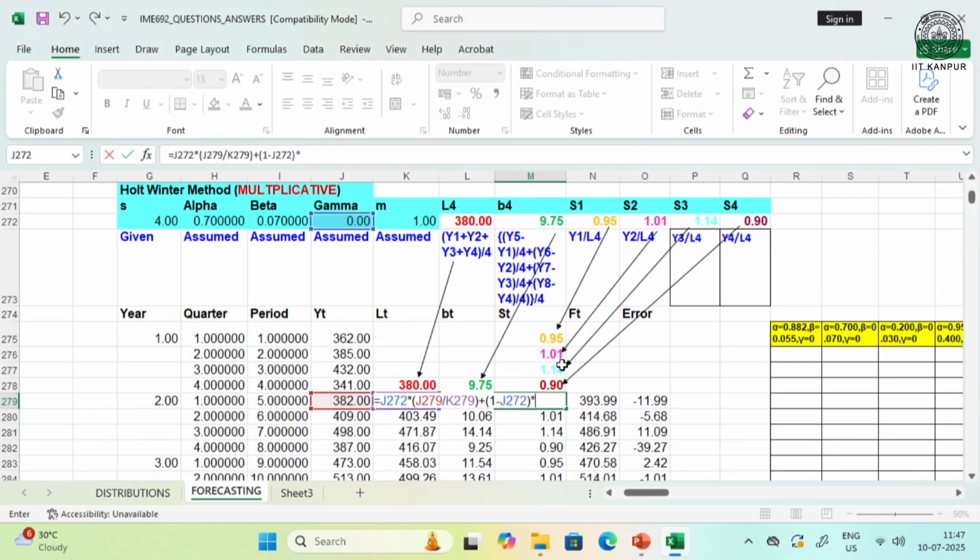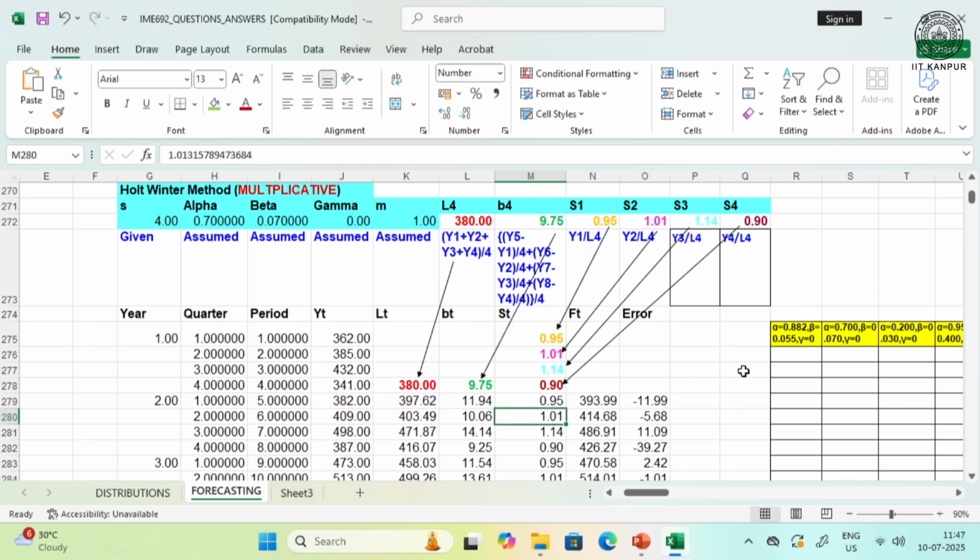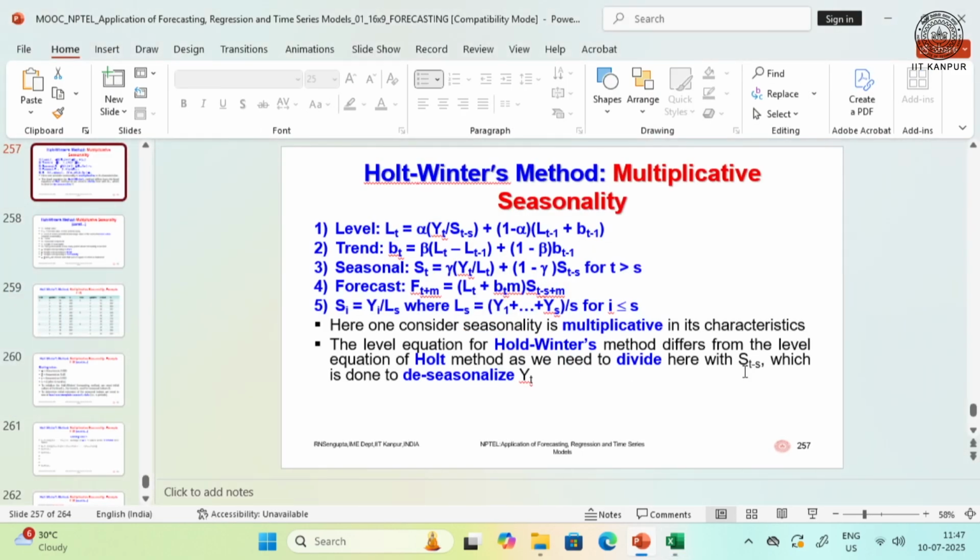ST minus 1 would basically be the value of S1. So, this is the S value which I find out.